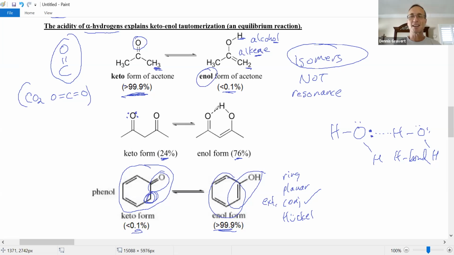So if the hydrogen bond counts as a covalent bond, I don't think it does. But if it did, yeah, we have a ring of 6 atoms. Is it planar? Well, this oxygen's sp2, so is this carbon, that carbon. This oxygen has 2 lone pairs. It's sp3, but maybe nature can rehybridize that to be sp2.